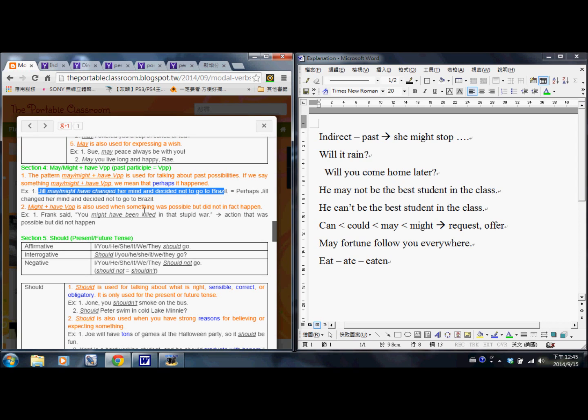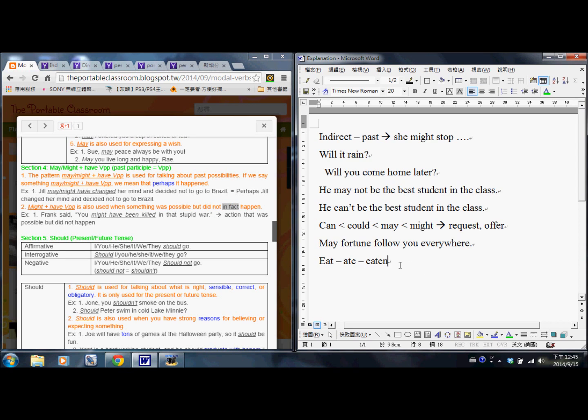The person is still alive. So action that was possible but did not happen. So this person wasn't killed in that stupid war, but he or she might have been killed. That's possible, but he or she survived and they were not killed in that war. So we can use it to talk about something that's possible in the past but did not actually in fact happen.